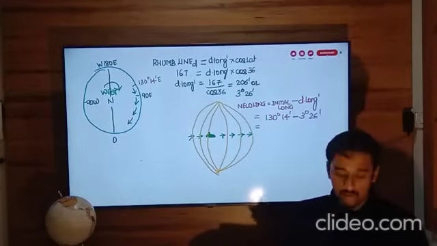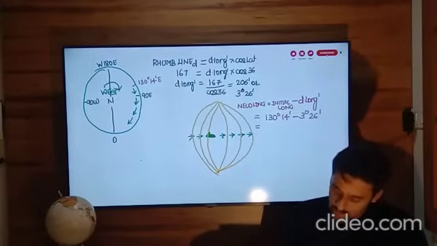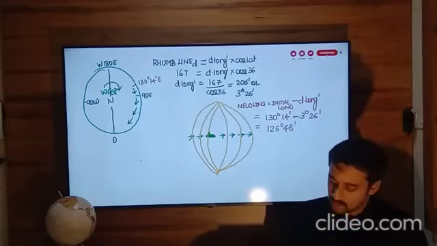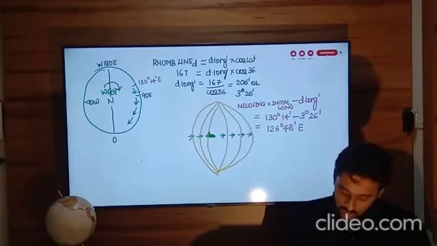So new longitude will be equal to 130 degree 14 minutes minus 3 degree 26 minutes. So that will be equal to 126 degree 48 minutes eastern longitude.